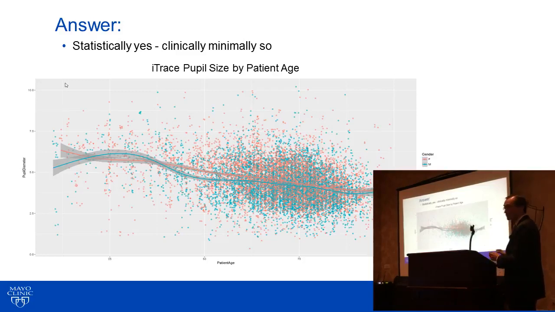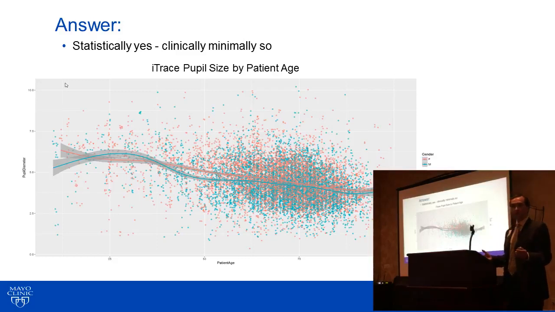So basically, first of all, the big picture general trend: the scotopic pupil size generally goes down from young adulthood to the 80s and 90s. It doesn't look like much on this graph, but the line is the mean, and the gray is a 95% confidence interval. The mean pupil size goes from 6 millimeters down to 4 millimeters in more elderly folks. That's a 50% decline.